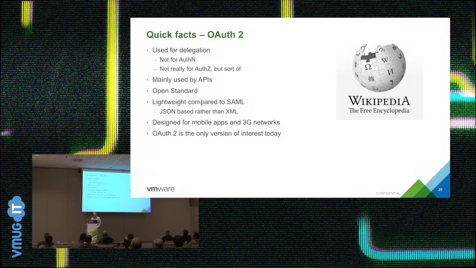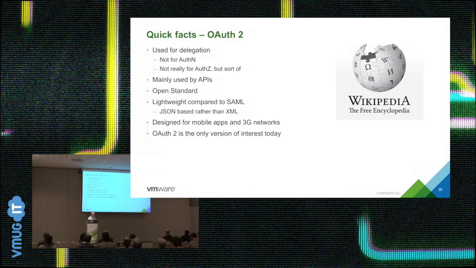OAuth 2 is not an authentication protocol. It's not an authorization protocol either, but sort of. It's for delegating. Typically, you could have an application that you as a user authorize or delegate access on your behalf to.